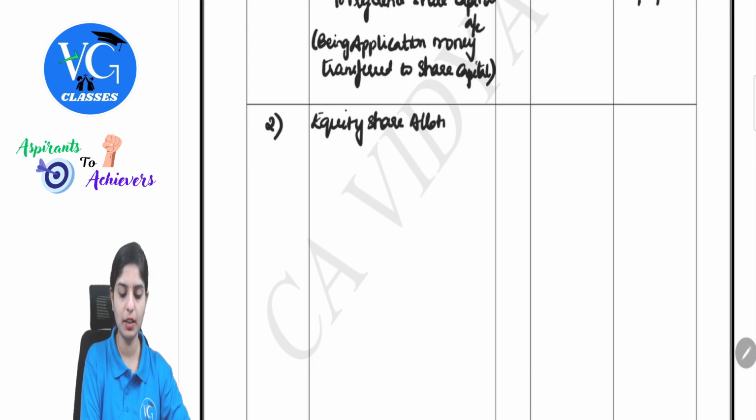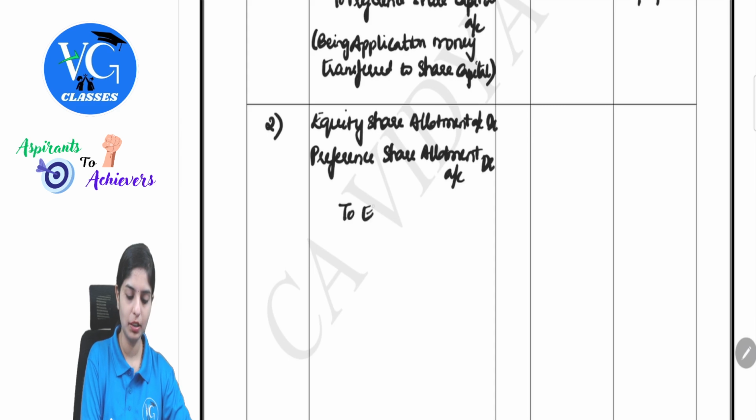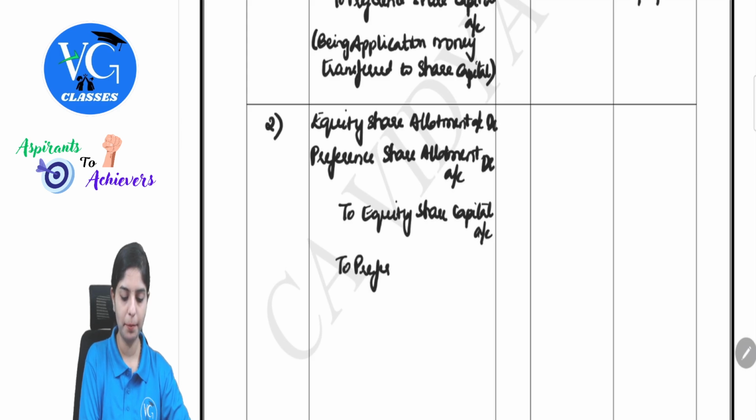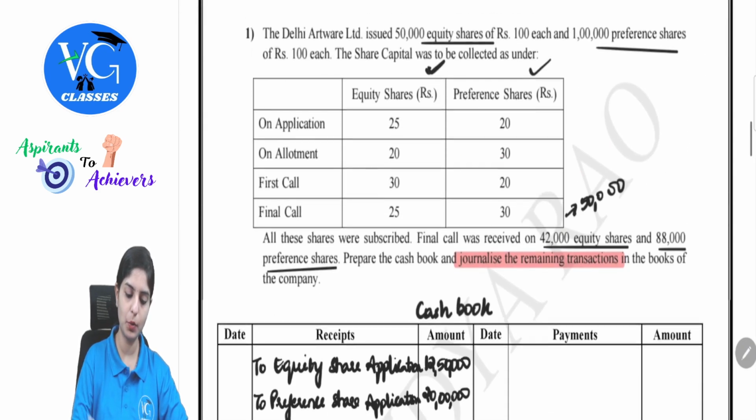Equity share allotment account debit, preference share allotment account debit, to equity share capital account and to preference share capital account.